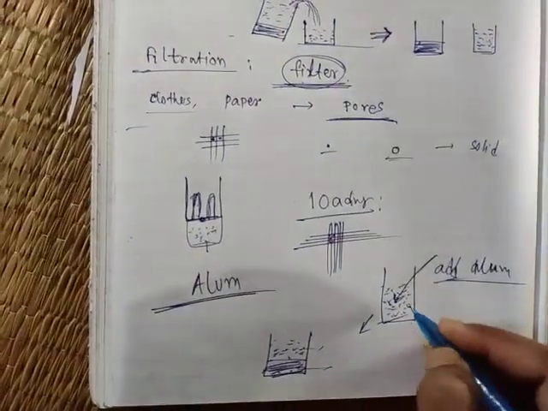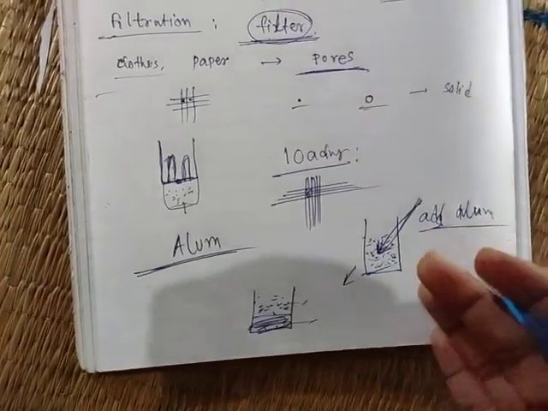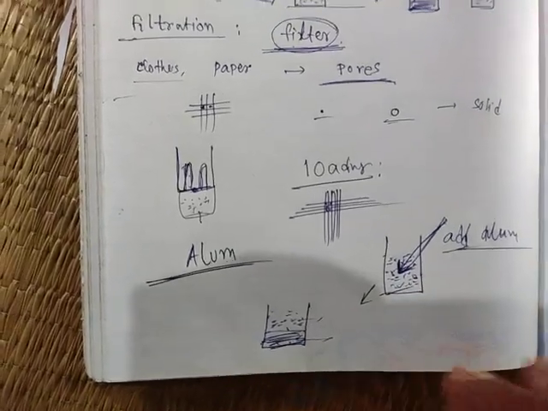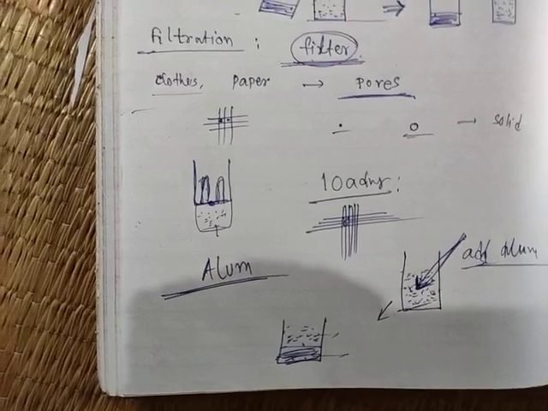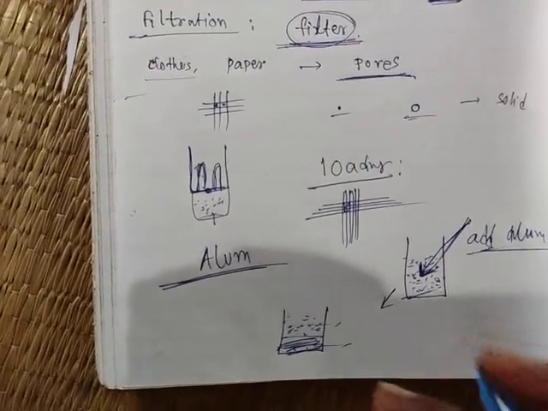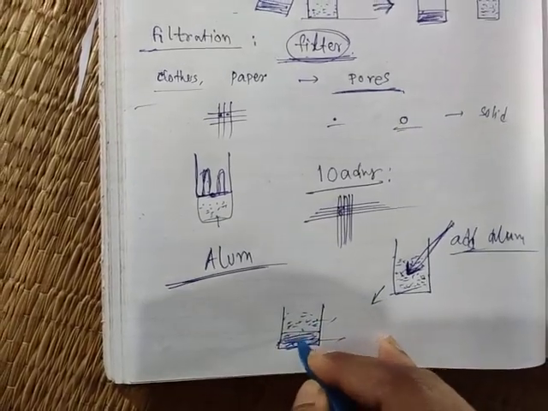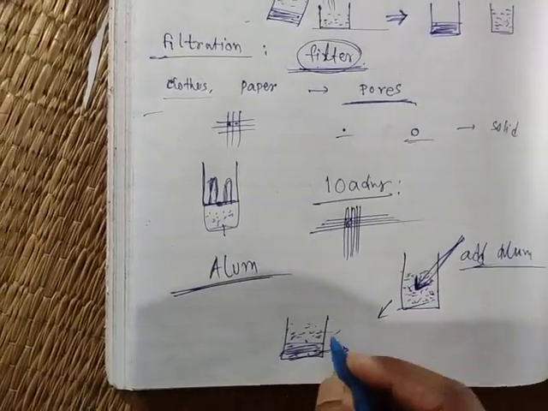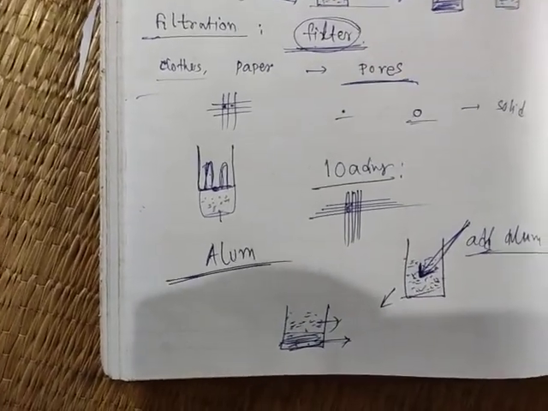So in this process we add alum to the mixture, and the solid particles are attached to the alum and become heavier than the water, so they settle at the bottom of the container, and then the liquid and the solid are separated.